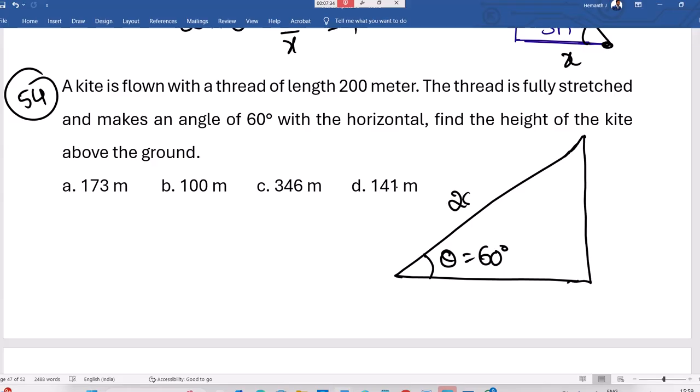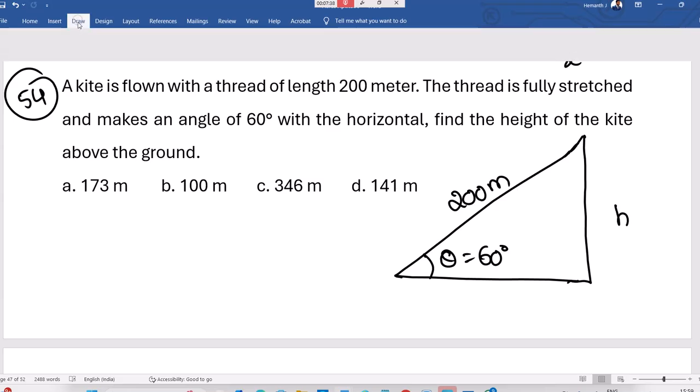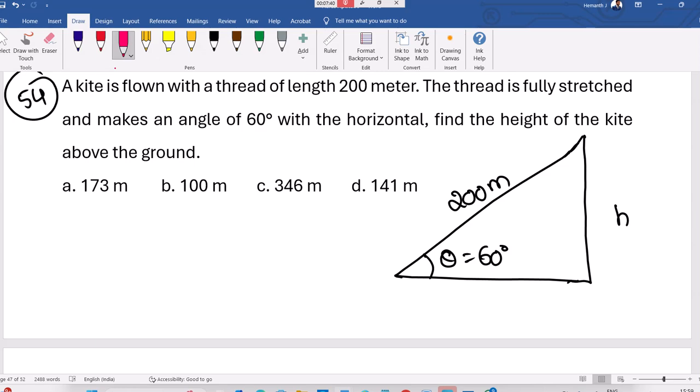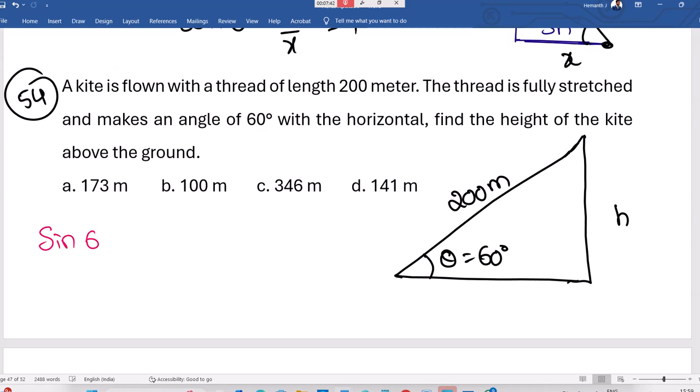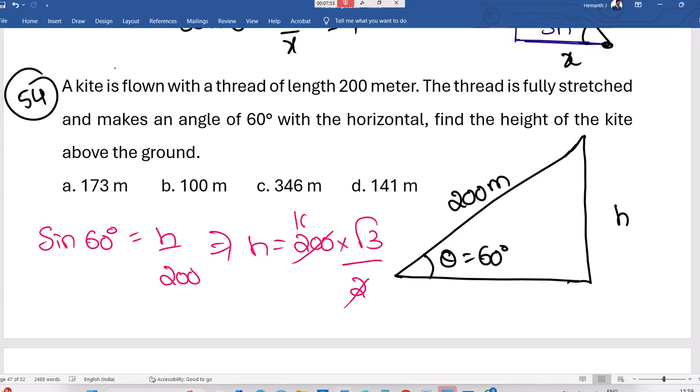Yes, this is 200 meters. Now we need to calculate this h. Opposite side and hypotenuse, what do we have to use? Sine theta. So sine 60 degrees is h divided by 200. H is 200 into sine 60 degrees, which is root 3 by 2, so 100 root 3. Root 3 is 1.732. Approximately it should be 173.2.